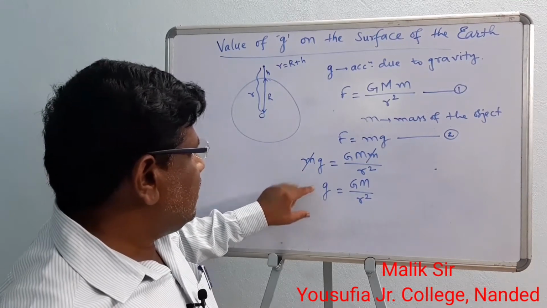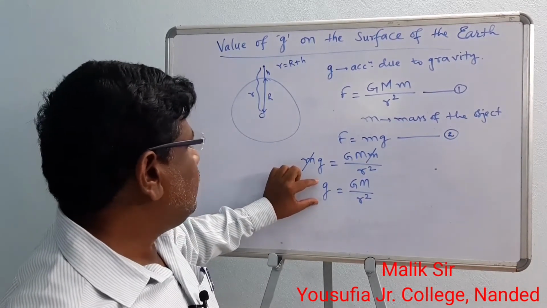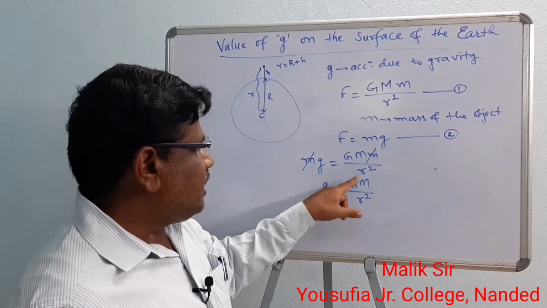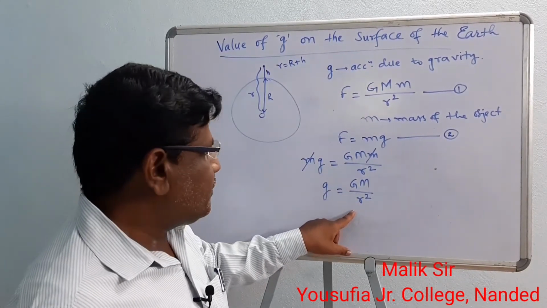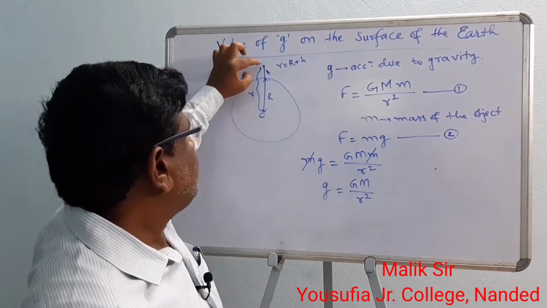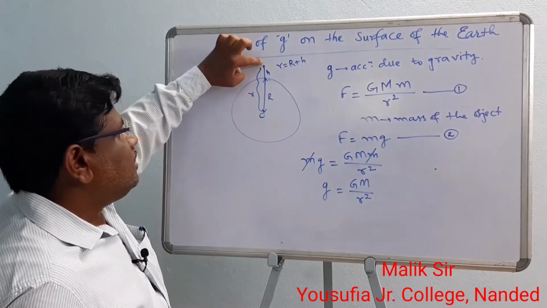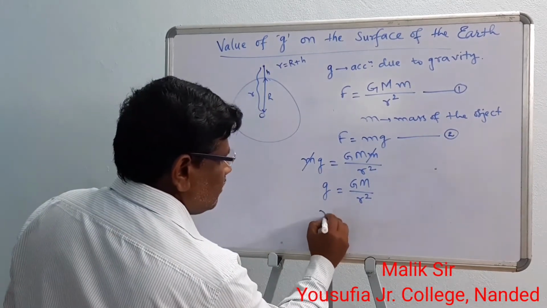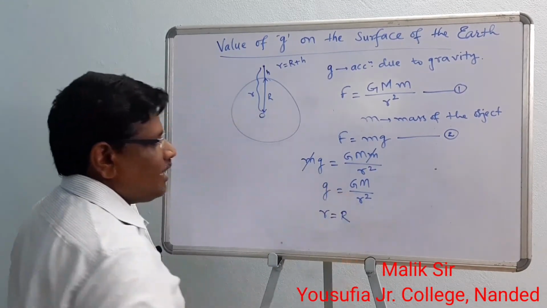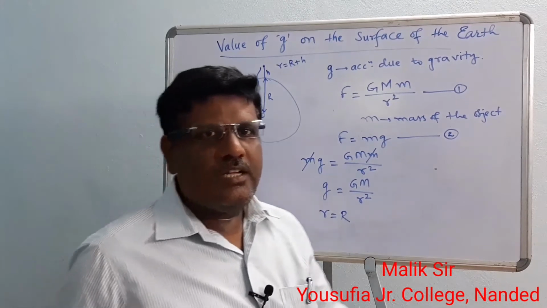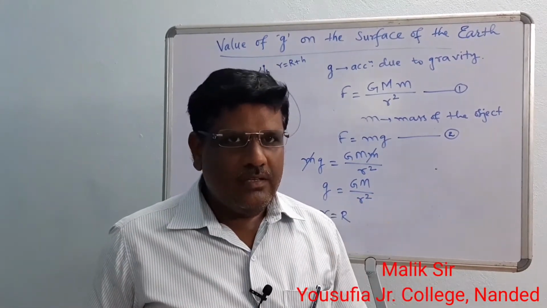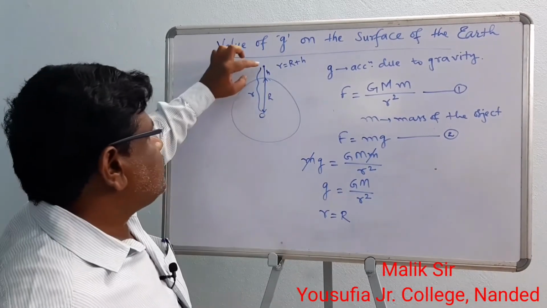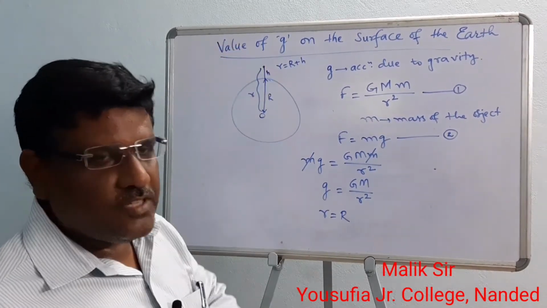From this equation, we can calculate the value of g on the surface of the earth, G M by r square. Suppose the body or the object is on the surface of the earth, then this r must be equal to capital R, that is the radius of the earth, because the object is now on the surface.